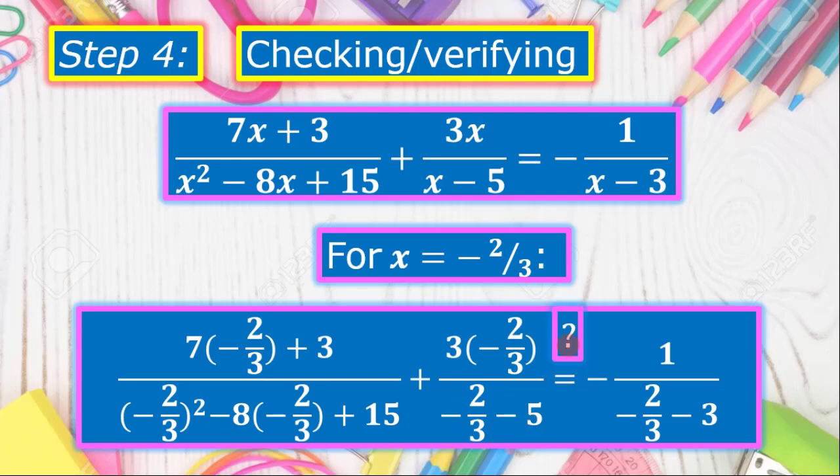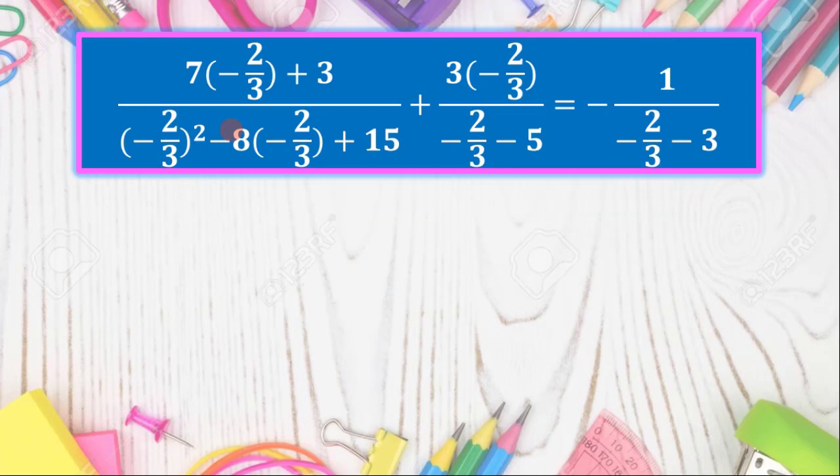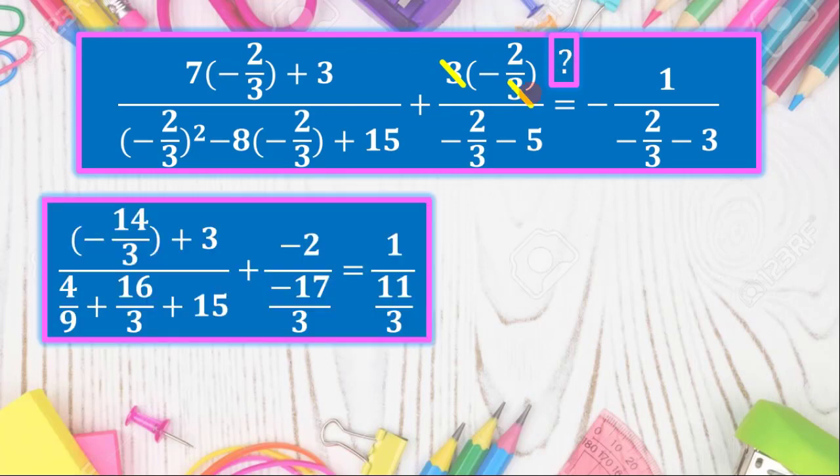Is this equal to negative 1 over negative 2/3 minus 3? Moving on. In this case, we can cancel out the 3.